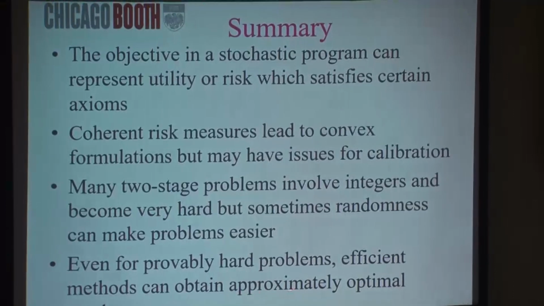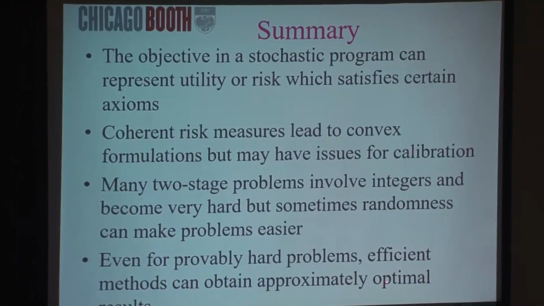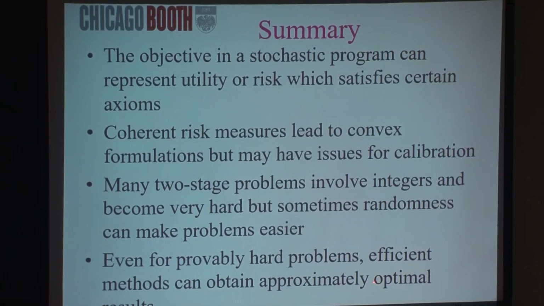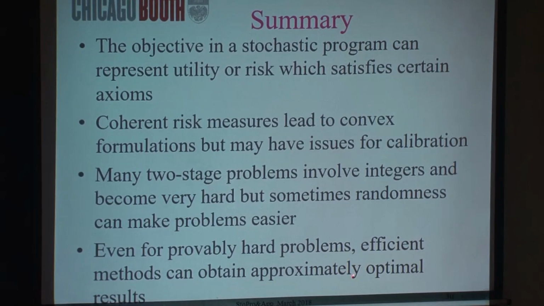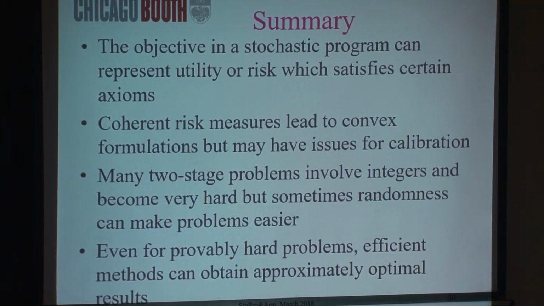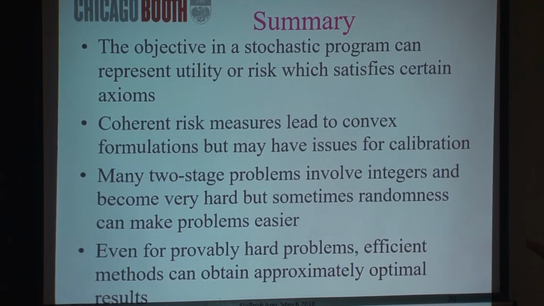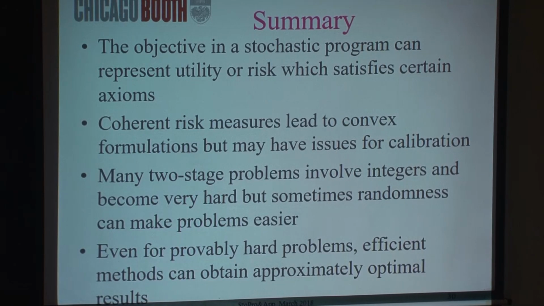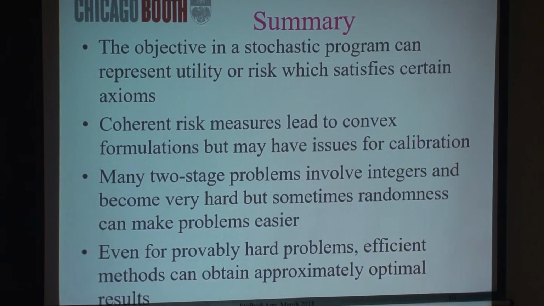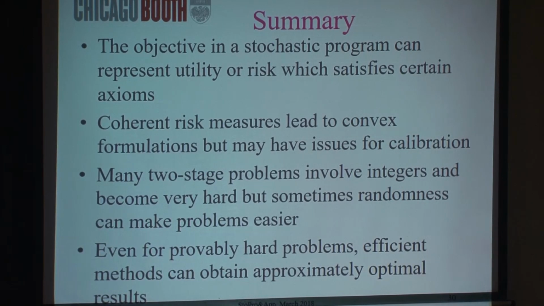So you can obtain these approximations that are guaranteed to give you a result within some error of an optimal solution, with a polynomial algorithm, even though it's a provably hard problem to solve.